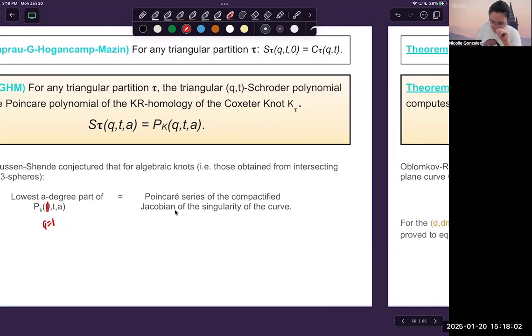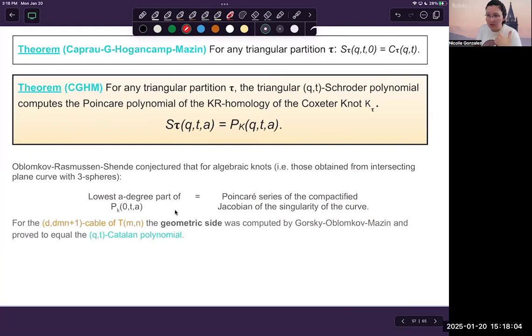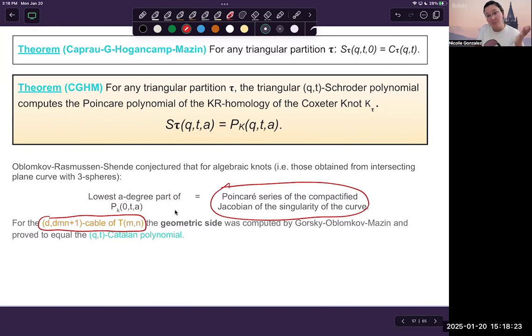However, something that comes out of our result is that for this particular family of knots, I gave you two examples. I said one of them was a torus knot, and I said the other one was this particular cable. So when you consider these cables, this geometric side was actually already computed. So this was computed by Gorsky, Oblomkov, and Mazin very recently, a couple of years ago, maybe even last year.